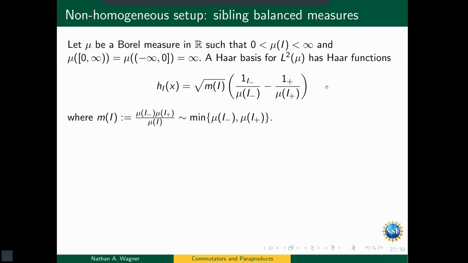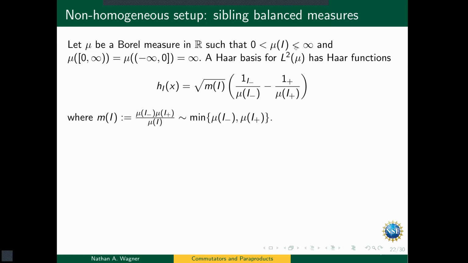So the normalization that's correct, rather than 1 over the square root of the Lebesgue measure of I times the characteristic function of the left minus the characteristic function of the right, which is what you would do in the Lebesgue case, in this non-homogeneous case you have some weighted version of that, right? So this quantity m of I shows up as a normalization factor, and h_I is the square root of m of I times the difference of these characteristic functions divided by the measures of the two children intervals.